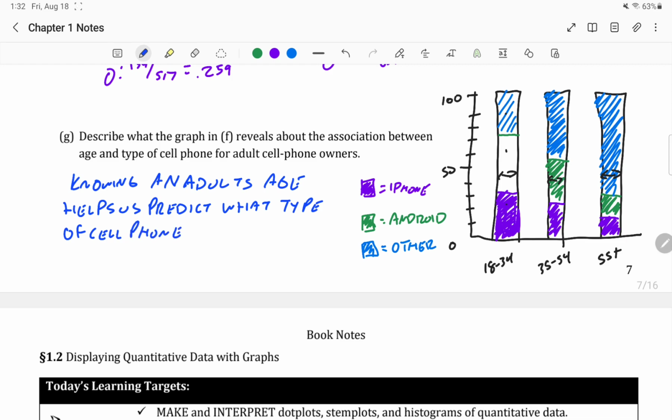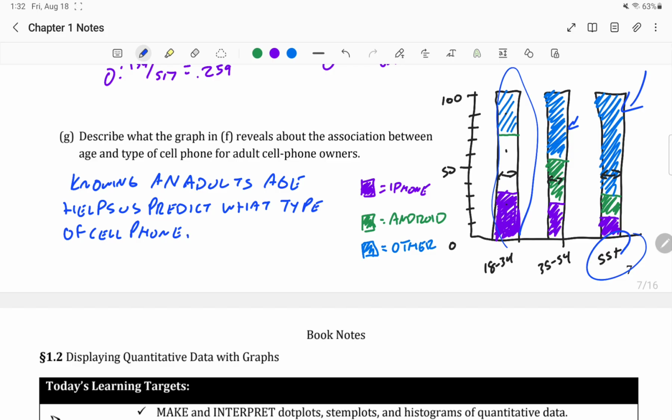Right? That's the case. And I'm going to explain this and then, again, call out one major thing. For example, the 55 plus community likely has an other phone. Right? Call out the biggest thing. 18 to 34s are relatively split. 35 to 54-year-olds are kind of split. Others still the biggest, right? But just call out some really glaring things.